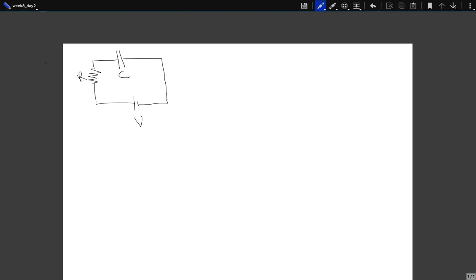It's neither trying to run a current in one sense or the other. It just has no effect. So what will be the initial current? V over R. It will just behave as if there is a single resistor. So the current at t equal to 0 would be just V over R.